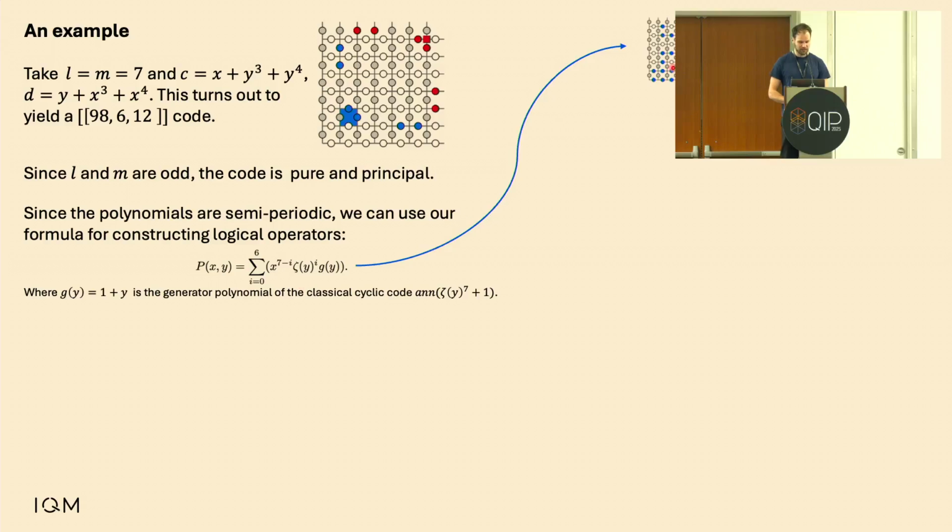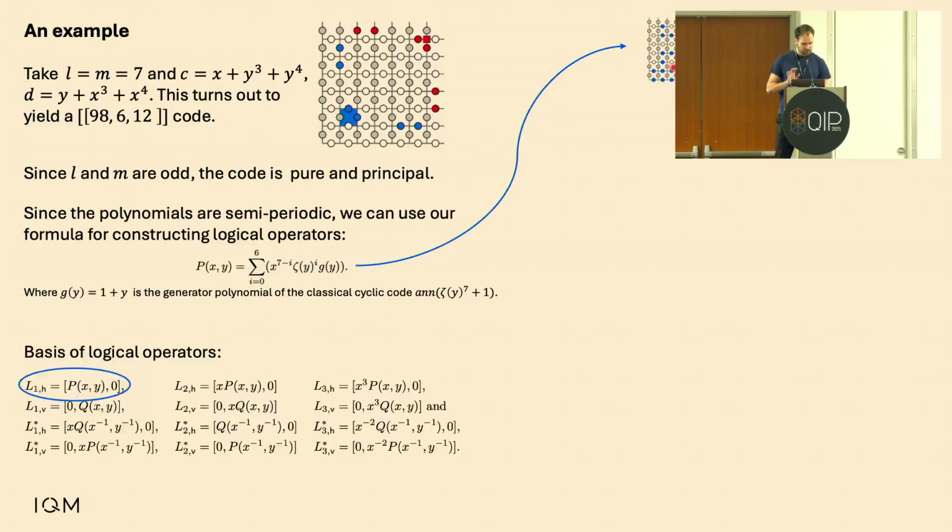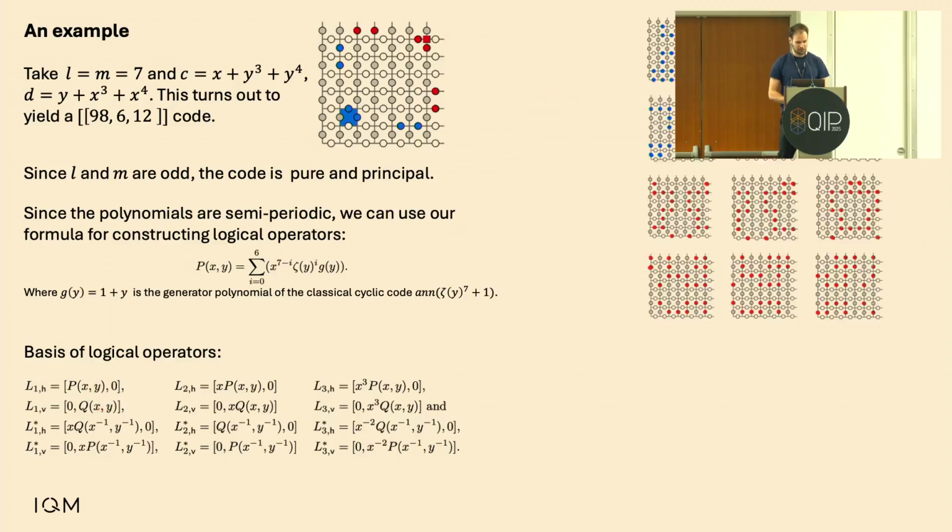So this is a logical Z operator only living on horizontal edges. And since the code is principal, we only need to take two of these logical operators, and we need to move them around, and then we get a basis of the space of logical Z operators. That would look like this in the picture. So it's very nice. And so we have only on horizontal and only on vertical qubits, and the same for the X-type operators.